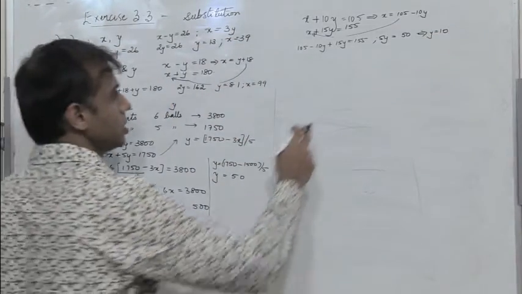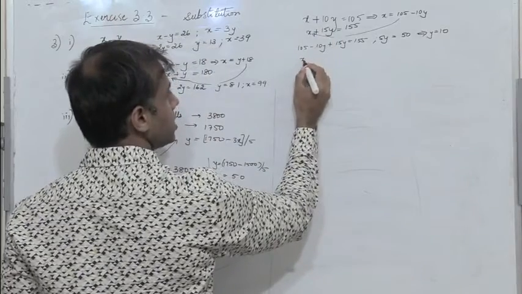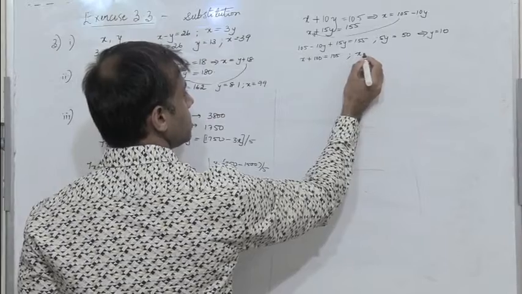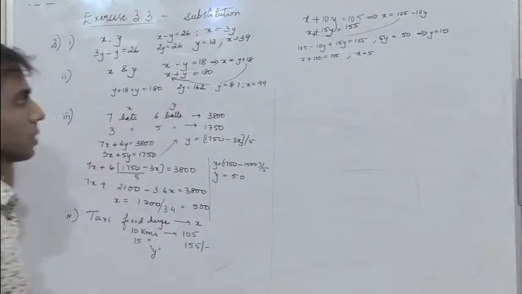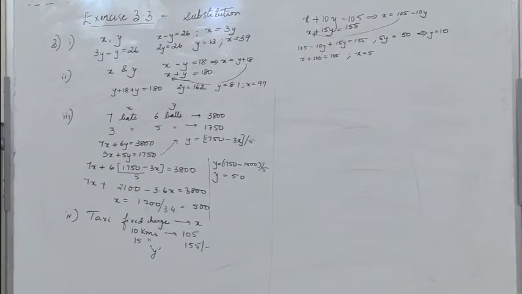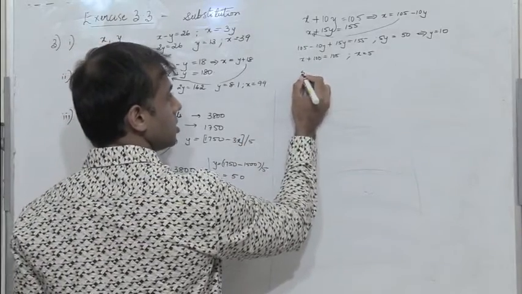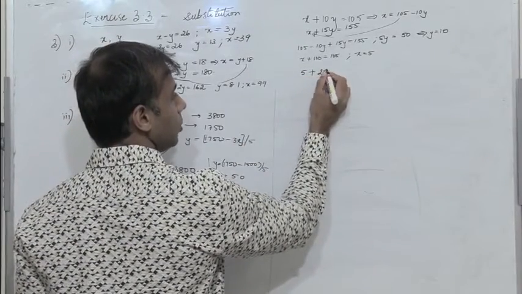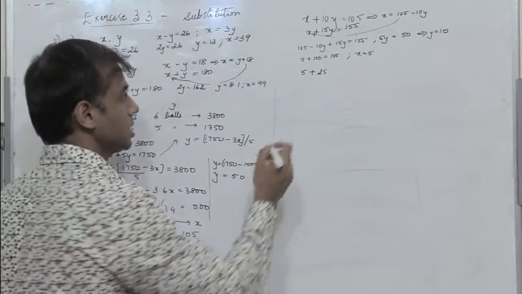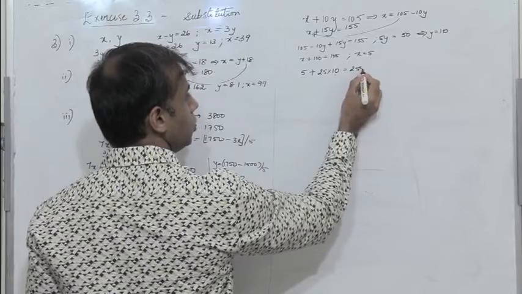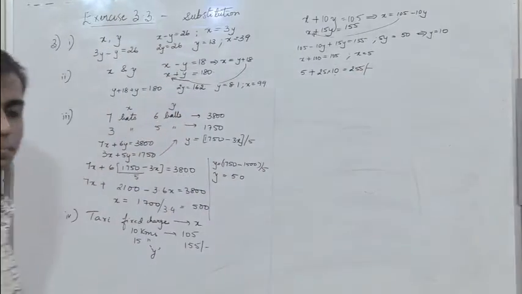So if y equals 10, if I substitute here, I get x plus 100 equals 105 or x equals 5. So the fixed charge is 5 rupees and per kilometer the cost is 10 rupees. So if a person wants to travel a distance of 25 kilometers, so the fixed charge is 5 plus 25 kilometers. The cost per kilometer is 10 rupees. So it is 250 plus 5, 255 rupees.